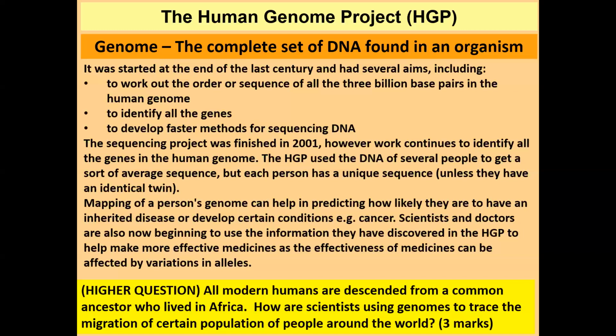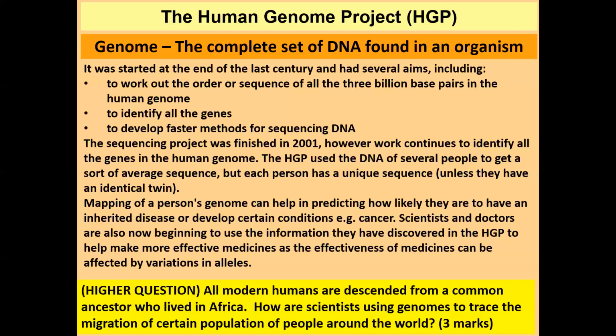Lots and lots of genes in our body have different versions. And sometimes medicines will work better for someone with one allele than a different type of allele. So if we can sequence a human's DNA, we can find out what alleles they have for specific genes and which medicines will be more effective for them.